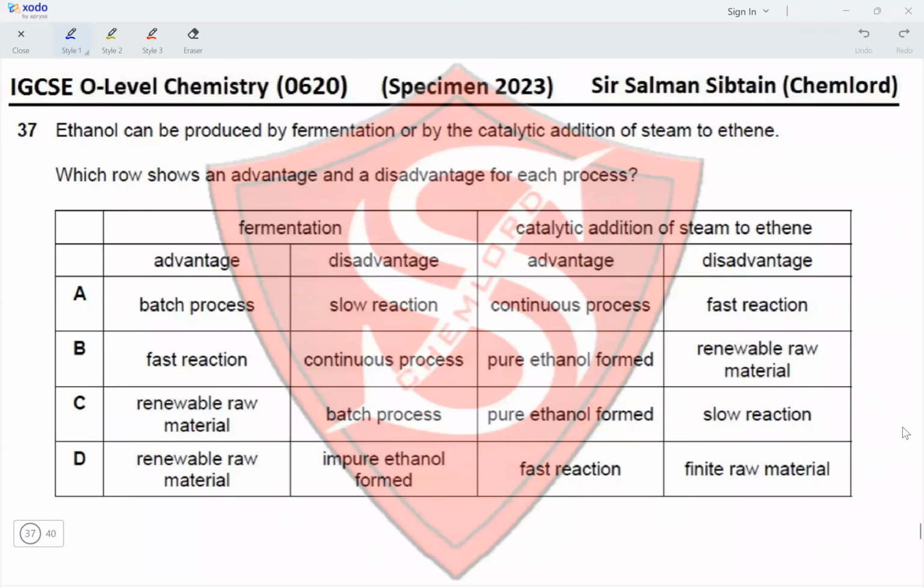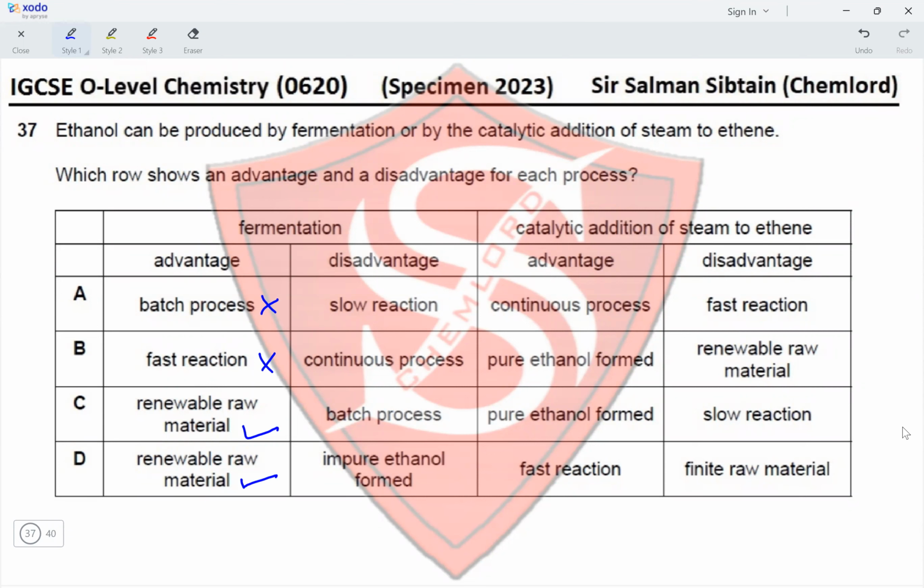Question 37. Ethanol can be produced by fermentation or by catalytic addition of steam to ethene. Which row shows an advantage and a disadvantage of each process? So fermentation, the advantage, batch processing is not an advantage. It is a slow reaction, not a fast reaction. Renewable raw material, yes, we can have the raw material as renewable.